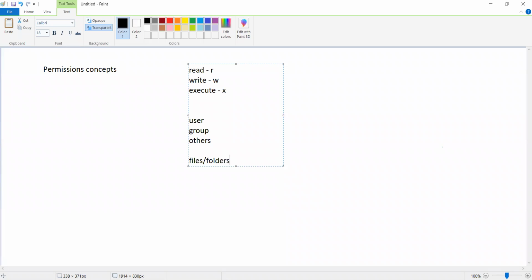This user should have this accessibility on this particular file, and this user should have accessibility on this particular folder. This is how we generally do it.